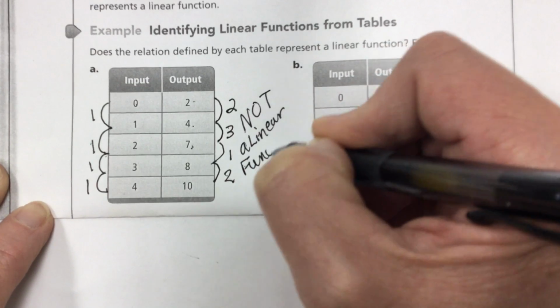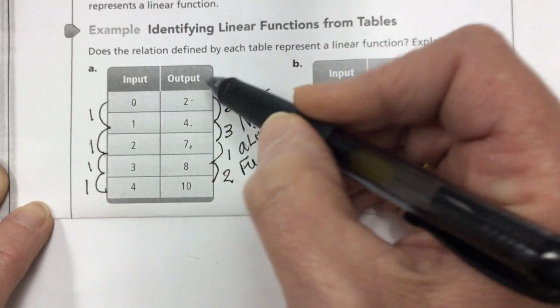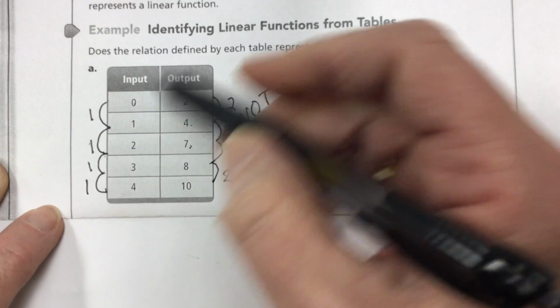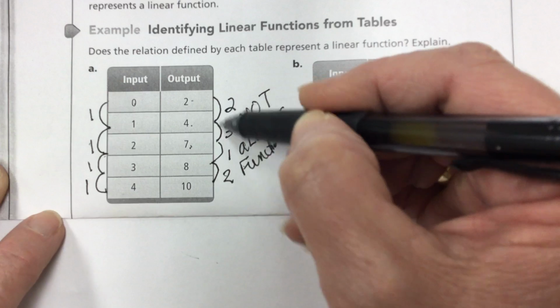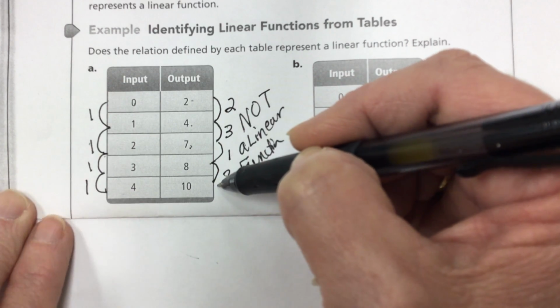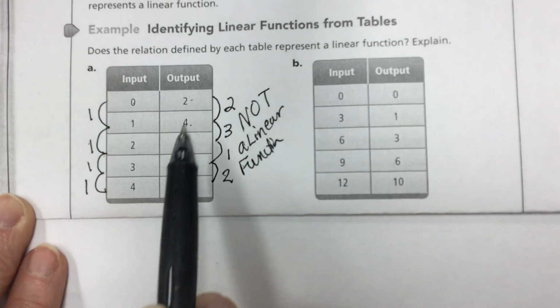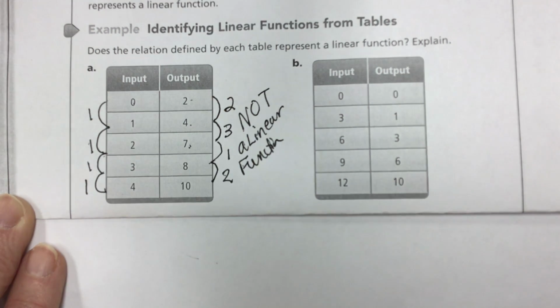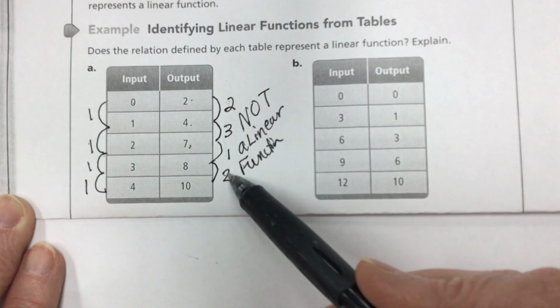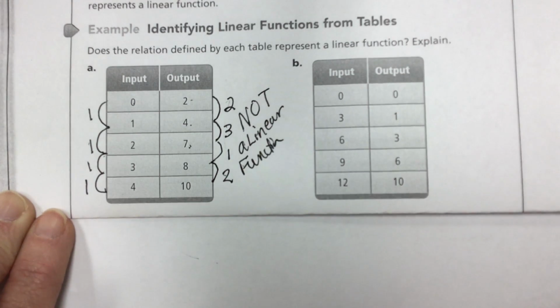The left side, which is the inputs, must be constant, plus the right side, which is all of the outputs, must be constant. So the rate of change from the first pair to the second pair was not the same. These are not the same, therefore this is not a linear function. A is not a linear function.